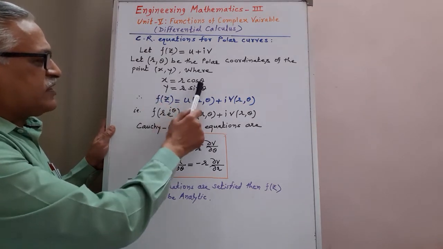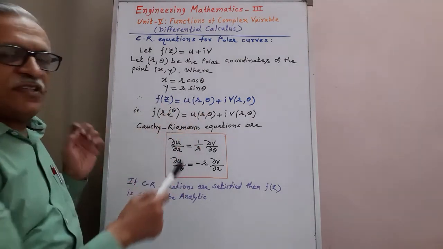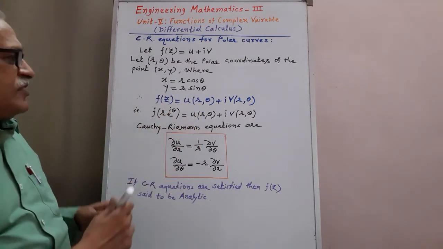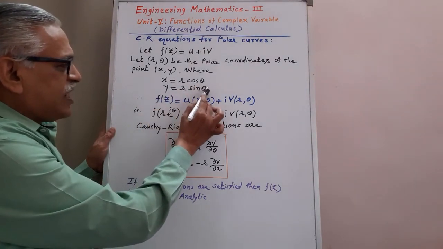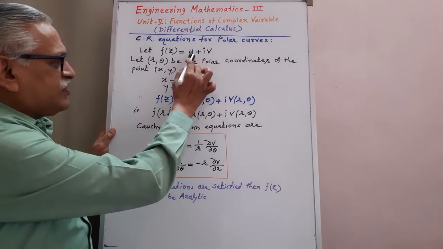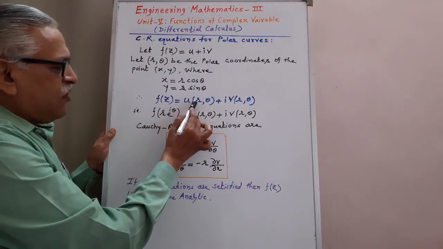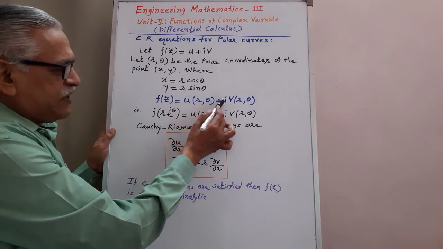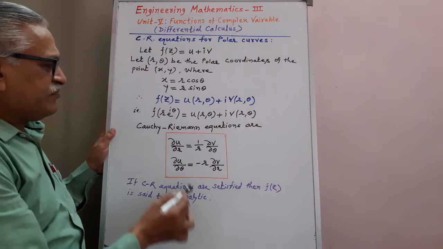If we want to convert it in terms of r and theta, we can take the help of these results. We have x is equal to r cos theta and y is equal to r sin theta, and if we put those values here, we get f of z is equal to u of r, theta plus i times v of r and theta.